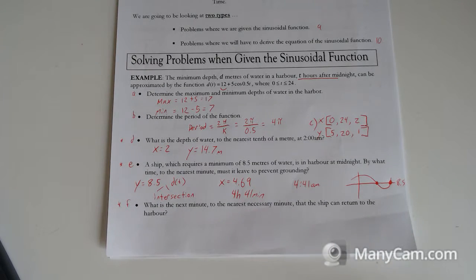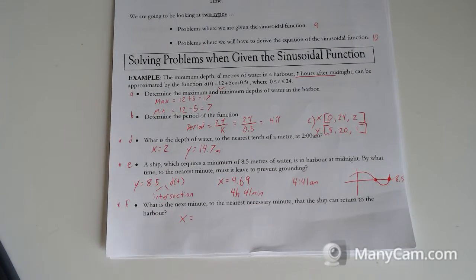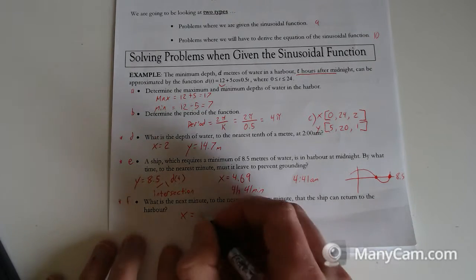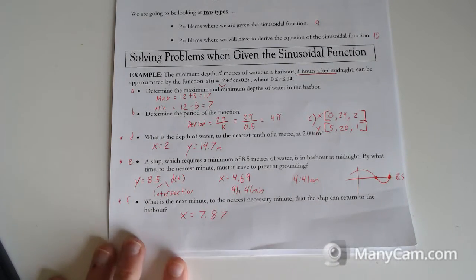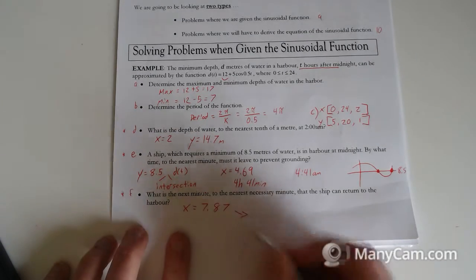So again, just find the next point of intersection, and you should find equals, actually I don't have the answer here. 7.87, something like that. Now we need to convert this into time.